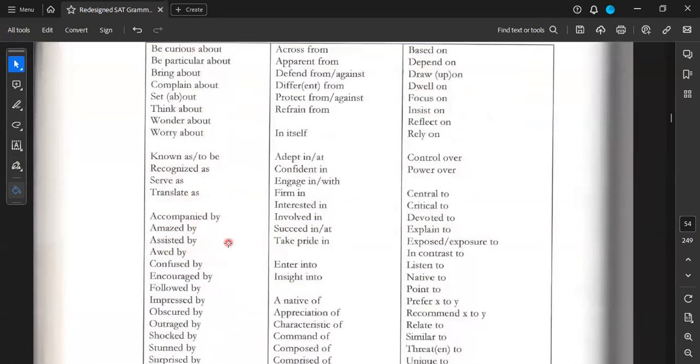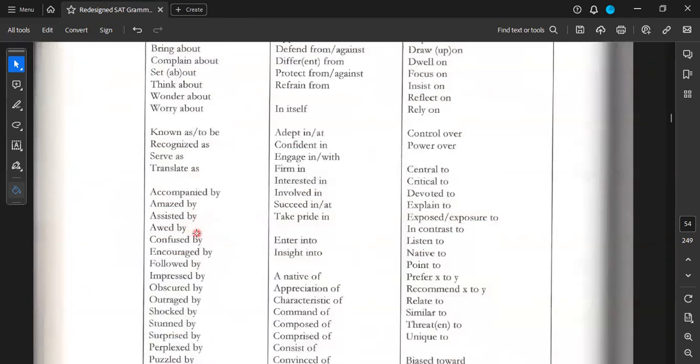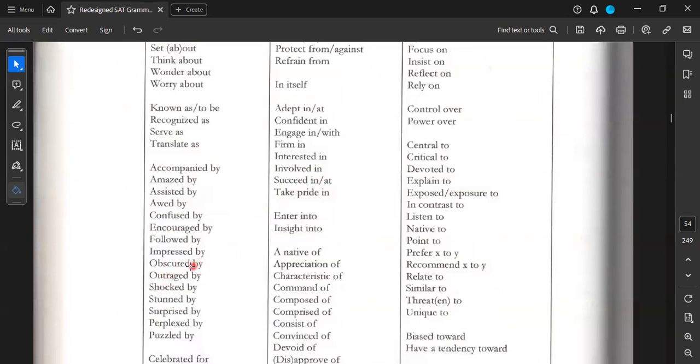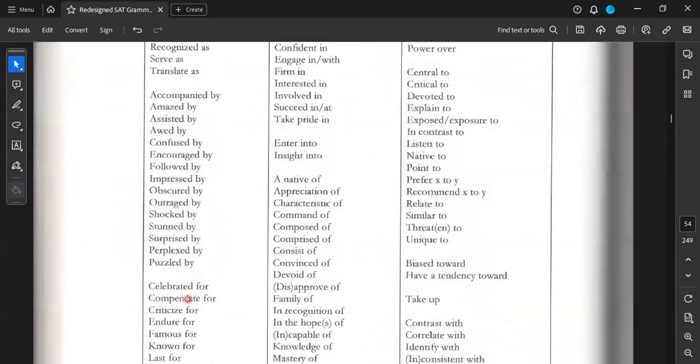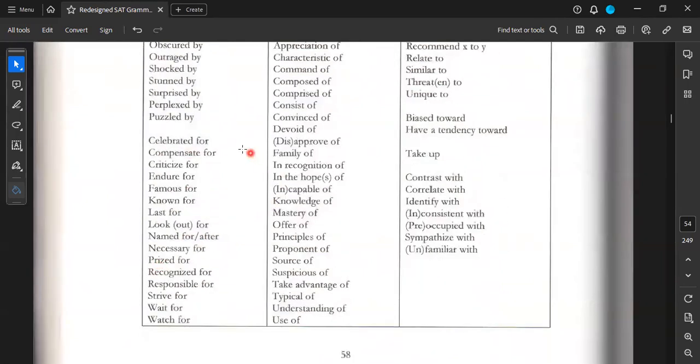Accompanied by, amazed by, assisted by, awed by, confused by, encouraged by, followed by, impressed by, obscured by, outraged by, shocked by, stunned by, surprised by, perplexed by, puzzled by. I don't really have to go through all this, but I will, just for the sake of study. Celebrated for, compensate for, criticize for, endure for, famous for, known for, last for, look out for, named after, necessary for, prized for, recognized for, responsible for, strive for, wait for, watch for.